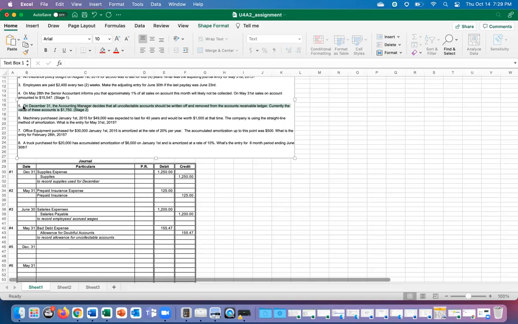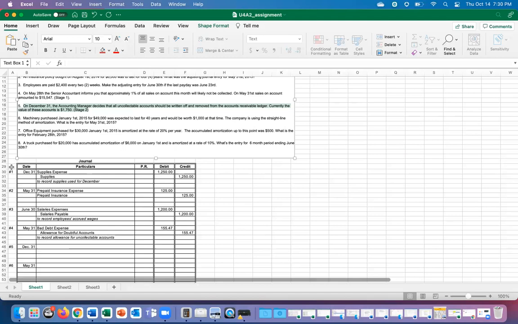Okay, so in this one, it's a little bit different. The accounting manager doesn't want to make any estimates about what percentage they think they're not going to get back or anything like that. They've decided that everything that hasn't been collected yet that's on the accounts receivable ledger is not going to be collected. We're not going to be able to track that down. We're not going to be able to get it back. So in that case, we're just going to completely get rid of it off of our books.